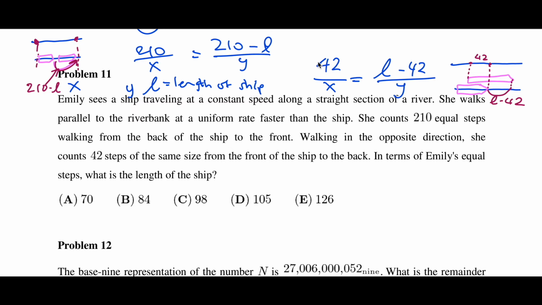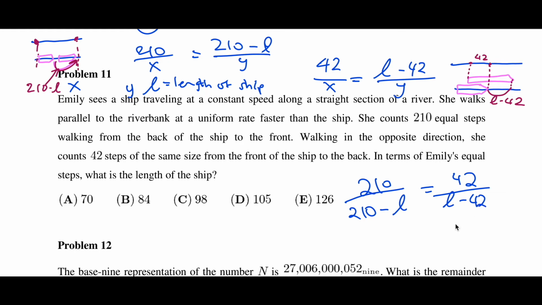So now we just simplify these. 210 over 210 minus L is 42 over L minus 42.